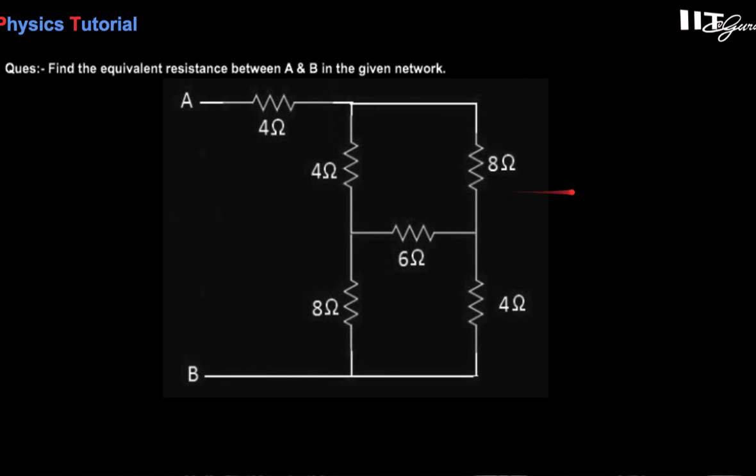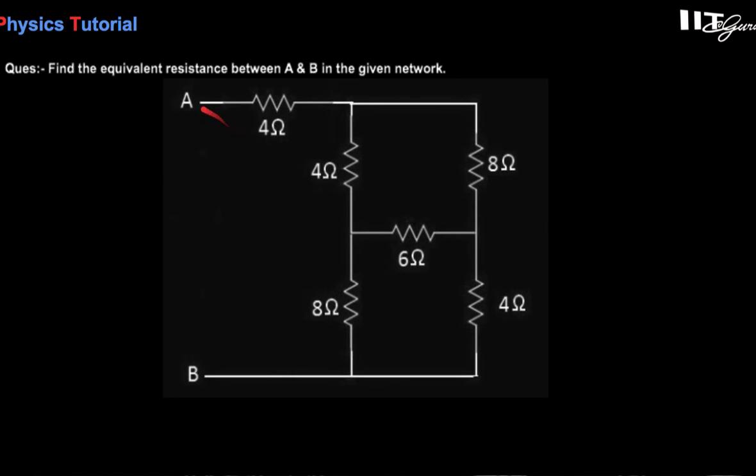Here it is 4, 8, and this is 8 and 4. As you see, the ratios are not equal. If instead of this 8 it were 4 and here 8, if you interchange them, then you would find this is a Wheatstone bridge, and there would be no current in the 6 ohm, which is the bridge part. But this circuit is different. This is not a Wheatstone bridge.